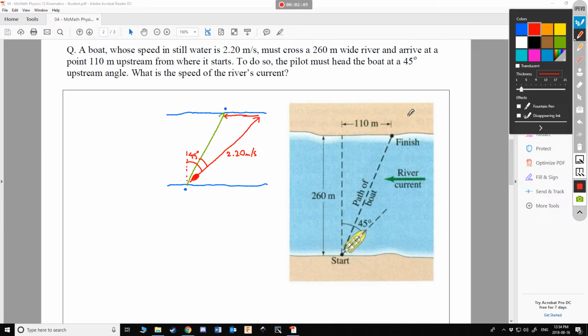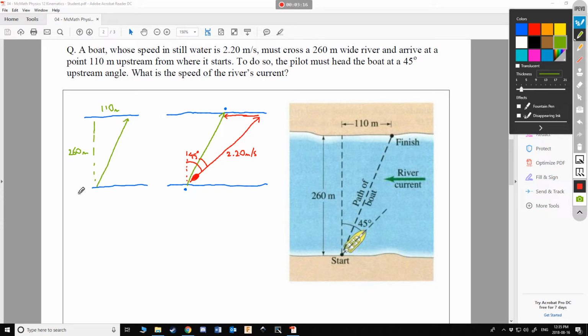But we can actually use the distances, that 260 and 110, to find a little bit more. So let me draw the river again. And we know this is our resultant from start to finish. We know the distance across the river is 260 meters, and the distance upstream is 110.